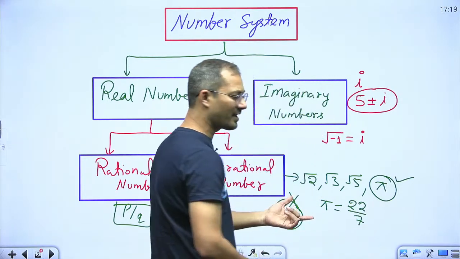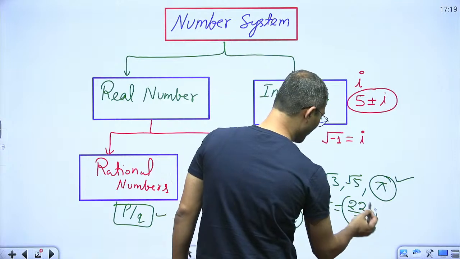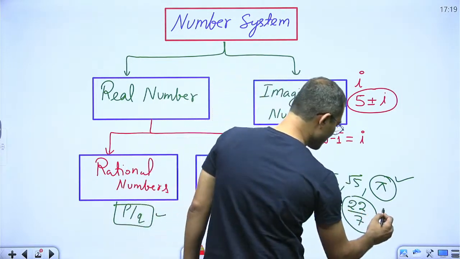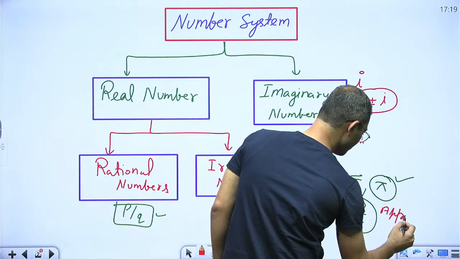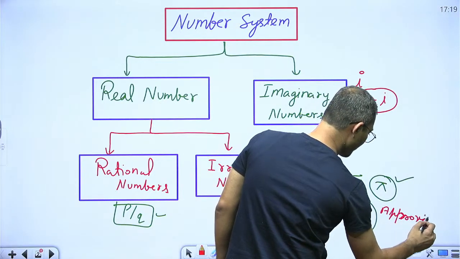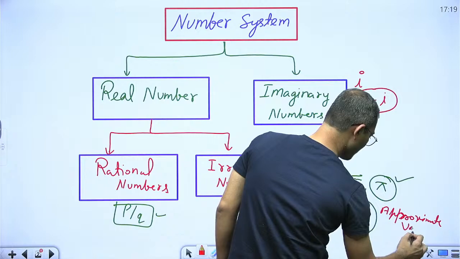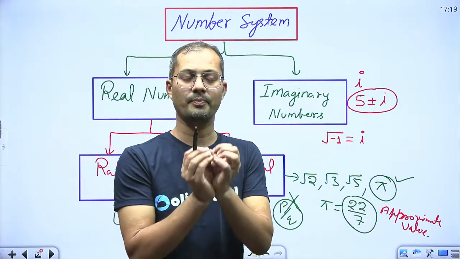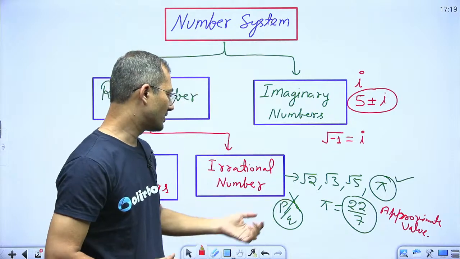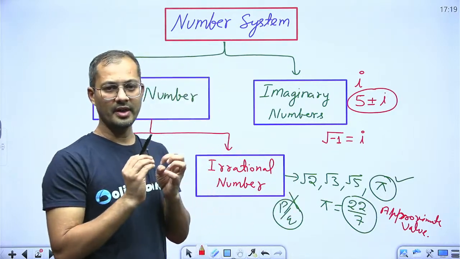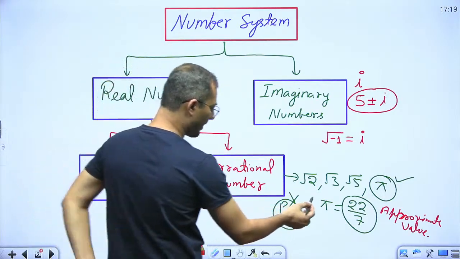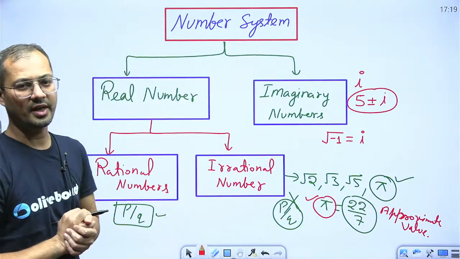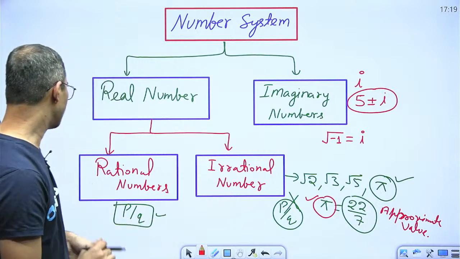Generally we take the value of pi as 22/7, but this is only the approximate value of pi. This is not the real value of pi. That's why pi is an irrational number. Mark it, this is very important. Pi is not a rational number. I think this is clear.